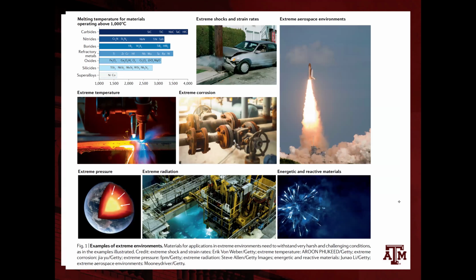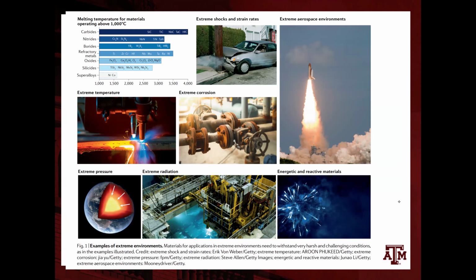So back to what I was saying earlier. While we have about 200,000 engineering materials, this number shrinks very rapidly when we talk about really harsh or extreme conditions, like what we see in aerospace applications and nuclear energy applications.